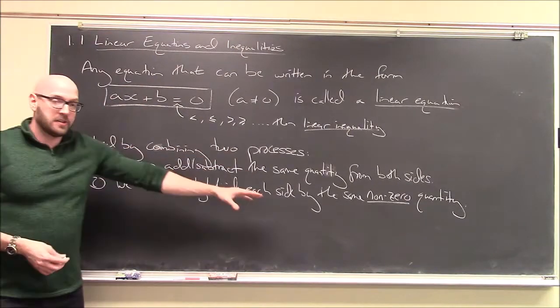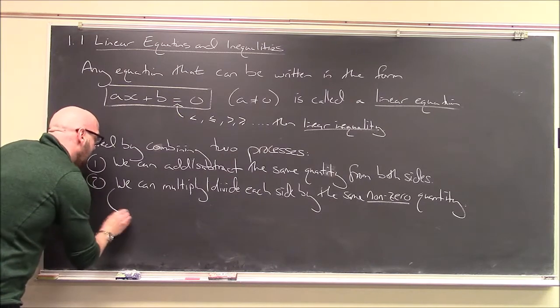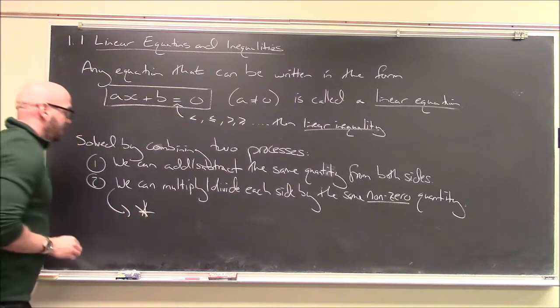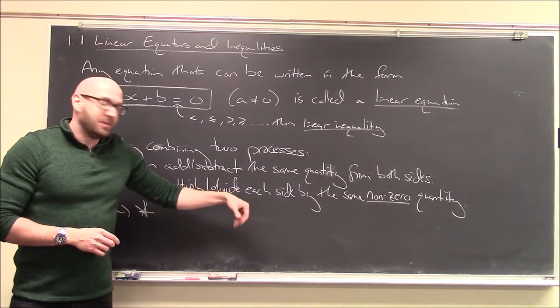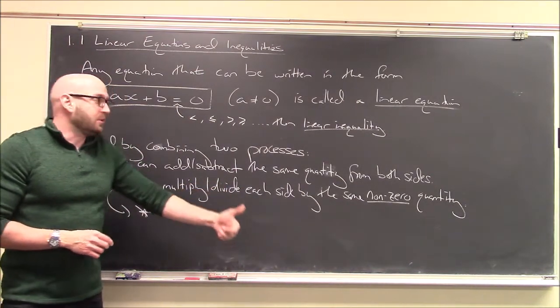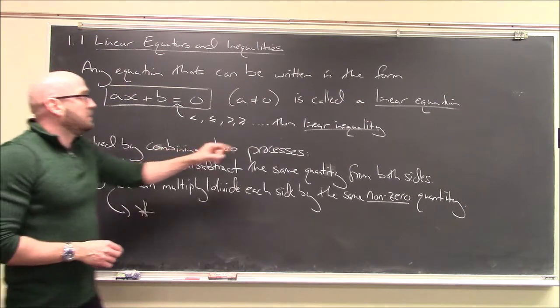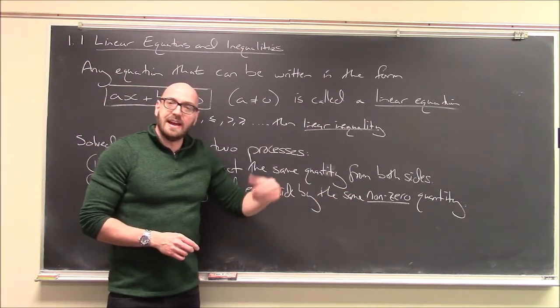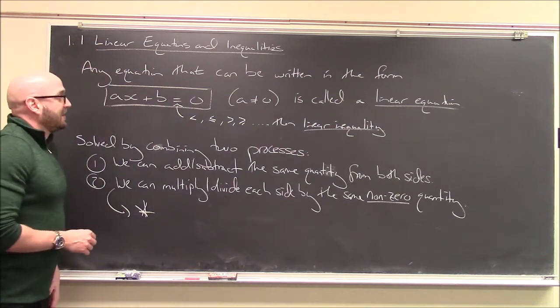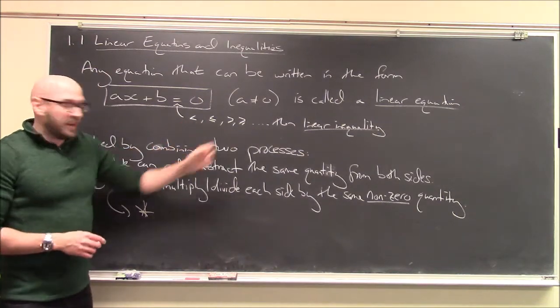You go through these two processes, but I'll point out that there's one catch here with our second step, multiplying and dividing both sides by the same non-zero quantity. You have to be careful with inequalities. You have to be careful when you divide or multiply by a negative number, because what that does is actually reverse the sign.